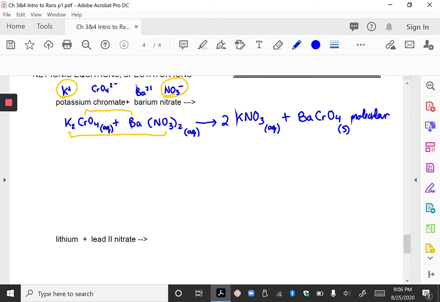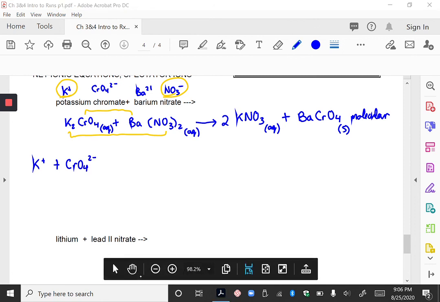So the potassium chromate is made up of K plus and CrO4 2 minus. So we're going to write that out, K plus and CrO4 2 minus. But we need to show that we have 2 of the K pluses and 1 of the CrO4 2 minus. So what we do is we put the 2 there, not as a subscript, but as a coefficient.